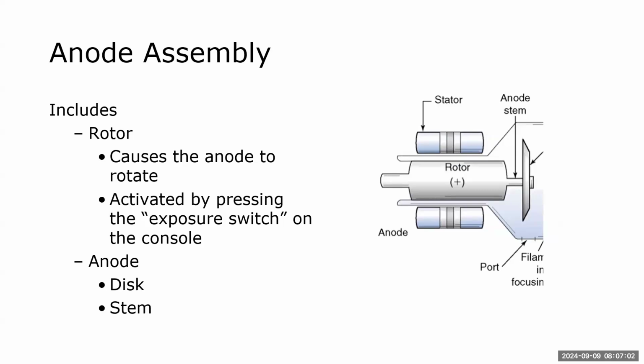When you go halfway down on the exposure button, that's the rotor starting to spin. So the anode, we also have the disc right here and the stem, which attaches it to the rotor.